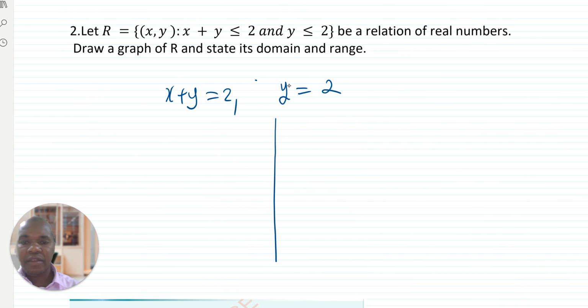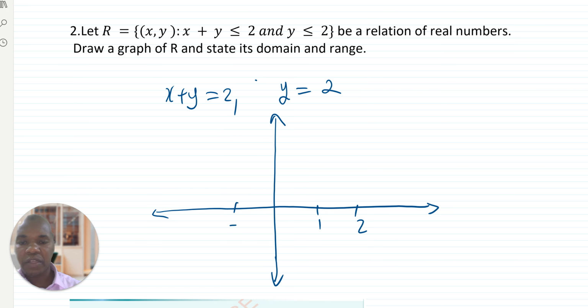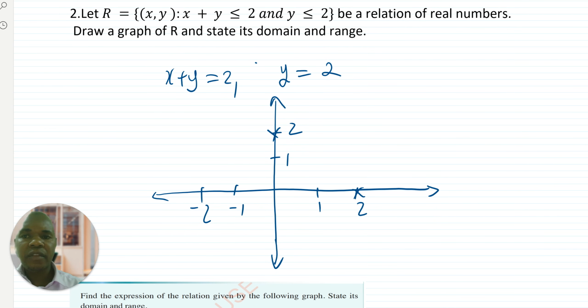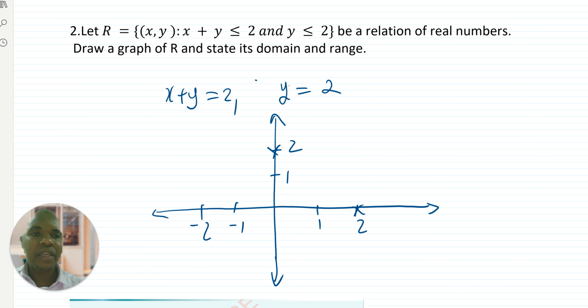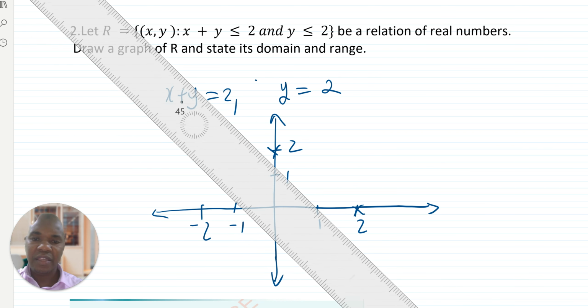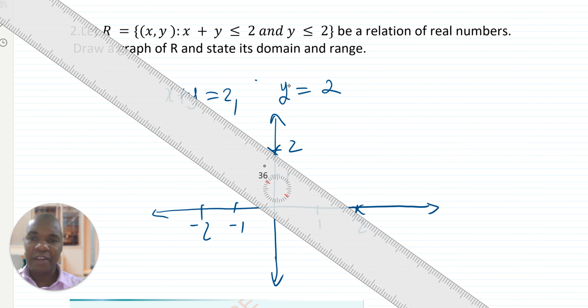So simply, without using the computer, x plus y equals 2, so it will be having 1, 2, negative 1, negative 2, and 2, comma 2 there, and you can have a straight line there connected, dear students.